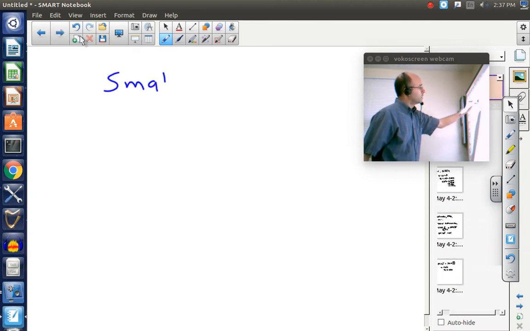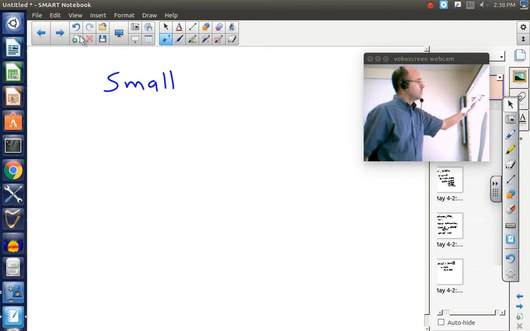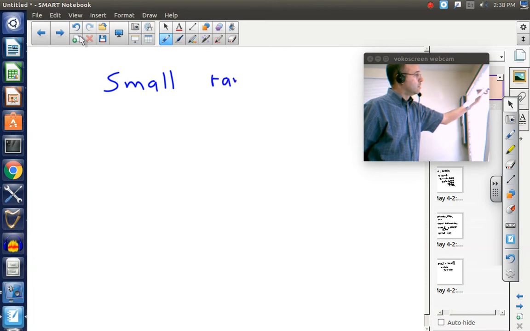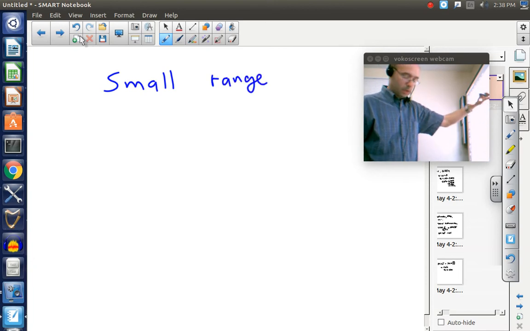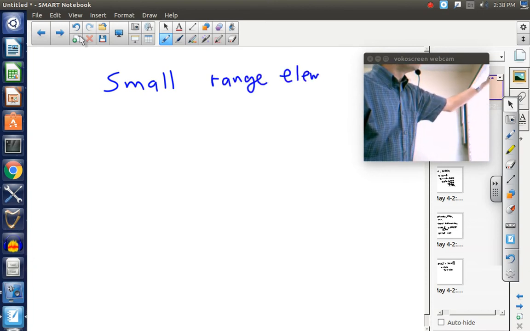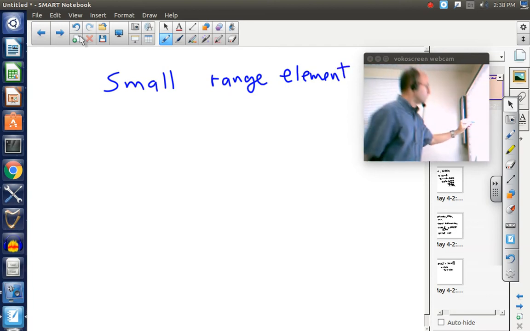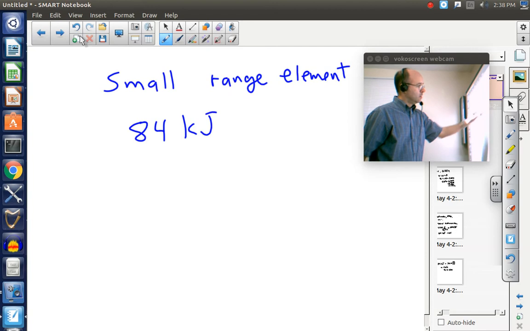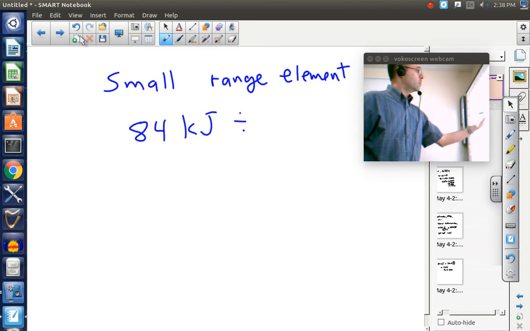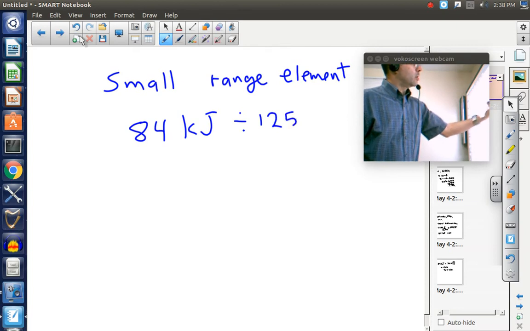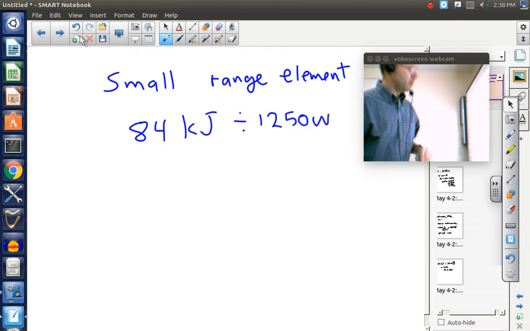Use a different color ink here. Small, we'll call this a range element. So it takes the same amount of energy to bring the water up to the same point, but this time we're going to divide by more power, 1250 watts.